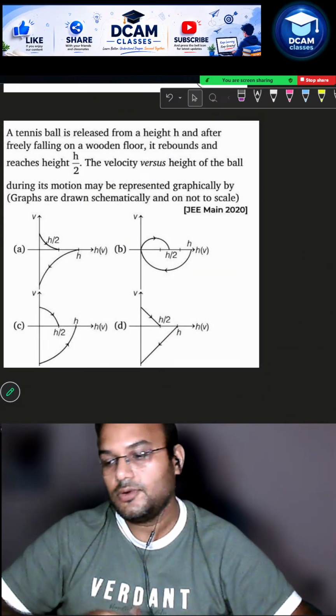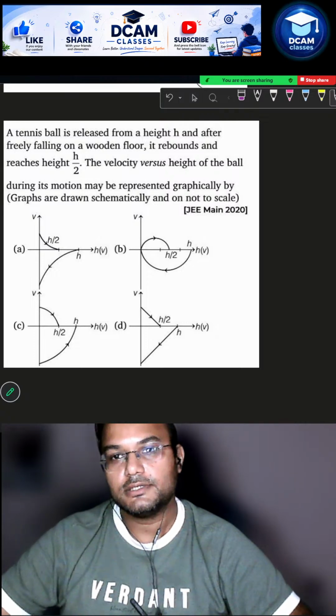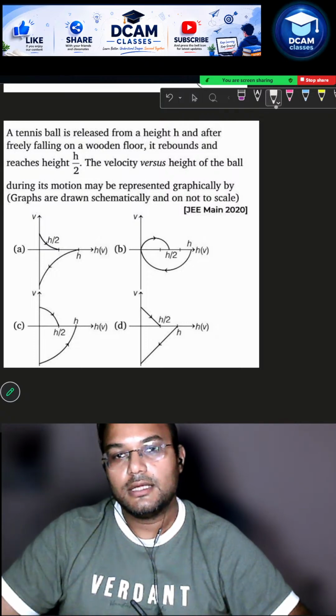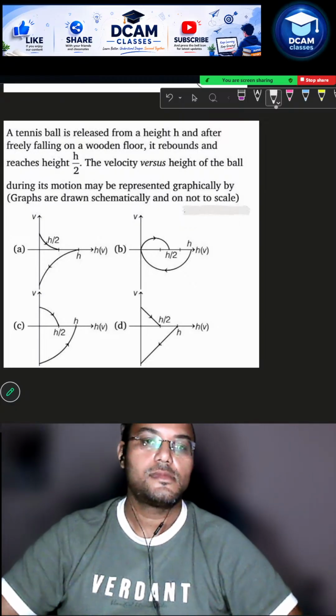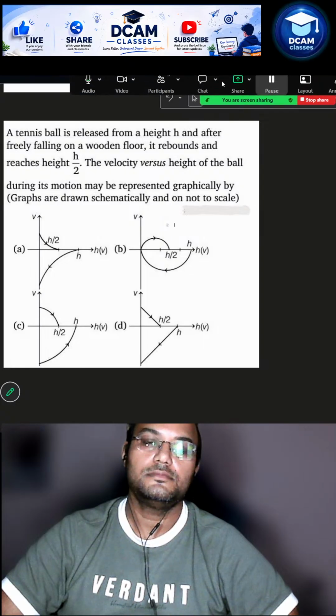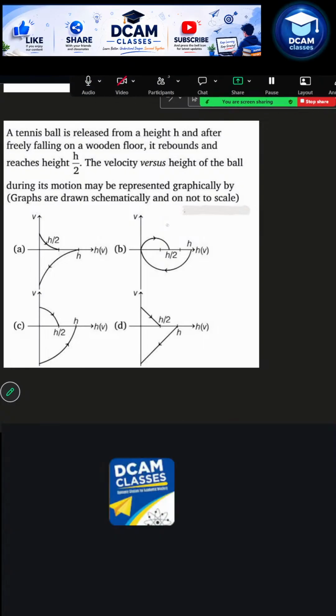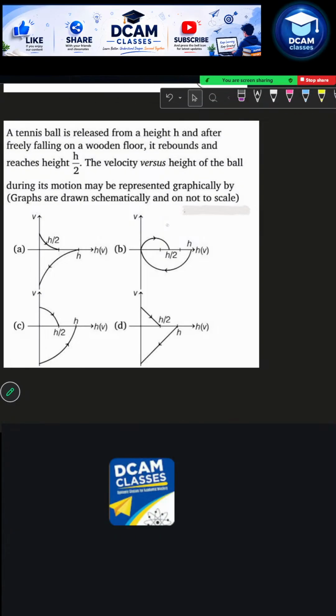Don't look at it as it was asked in JEE Main 2020. JEE Main questions are not very easy actually. The level of questions I'm giving are of higher level than JEE Main. Let's see whether you can do it or not.